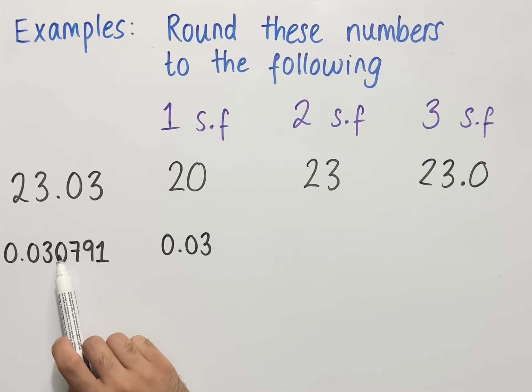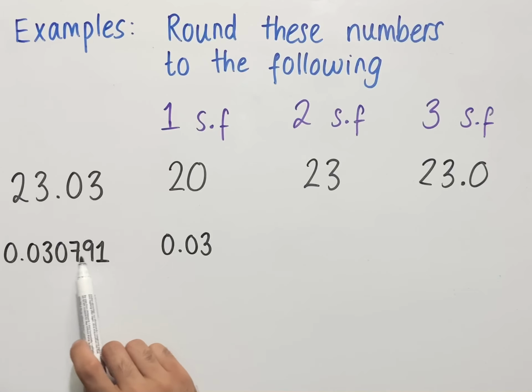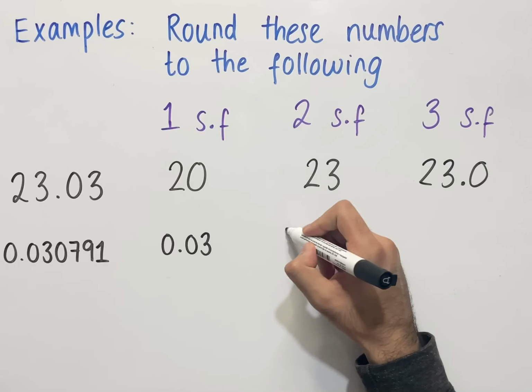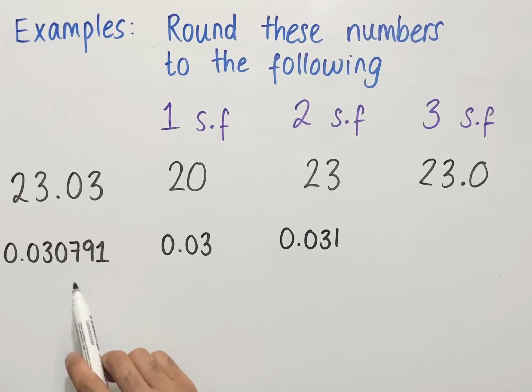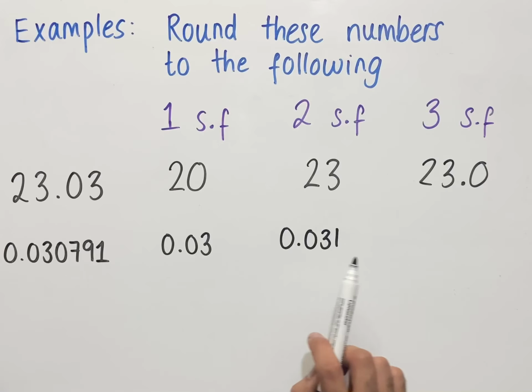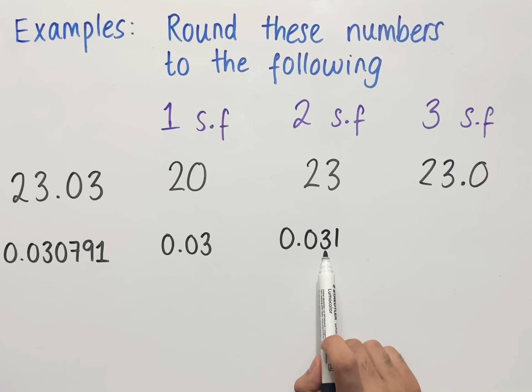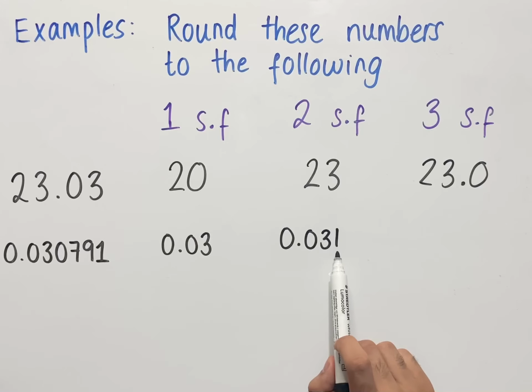That's the 0. So we add 1 to that, and so this number becomes 0.031. The rest of the digits after the 1 are not included. And if we check this, the first significant figure is the 3, the second significant figure is the 1. All zeros before the first non-zero digit are not significant.